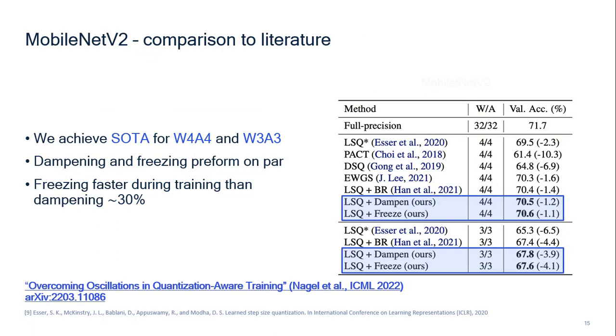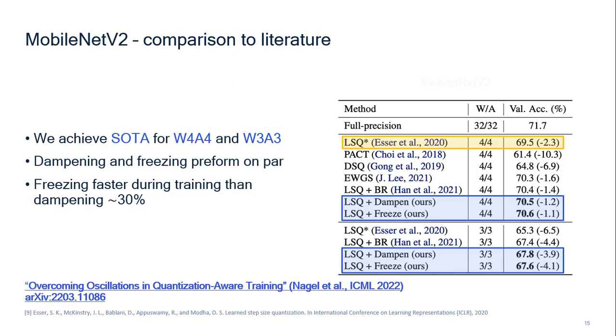So here we present the results of our methods on training quantized MobileNet v2 and compare it to competing QAT methods in the literature. And we achieved state-of-the-art results for 4 and 3-bit weight and activation quantization. Specifically for 4 bits, we improve over the strong LSQ baseline by 1%. And we also marginally outperform the recently suggested EWGS and bin regularization methods.